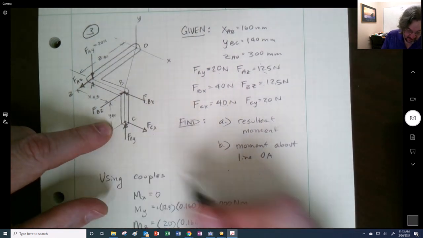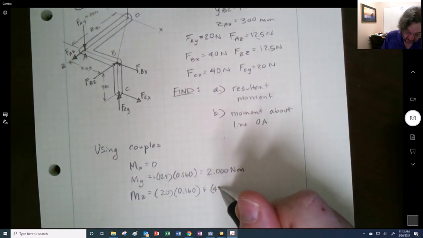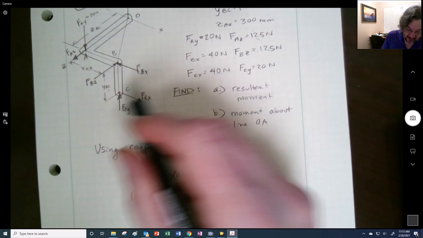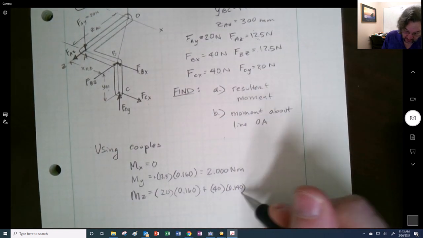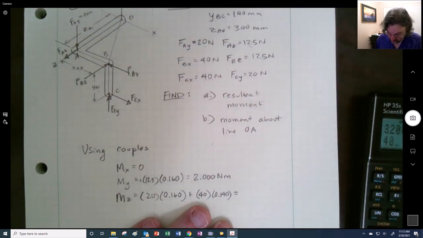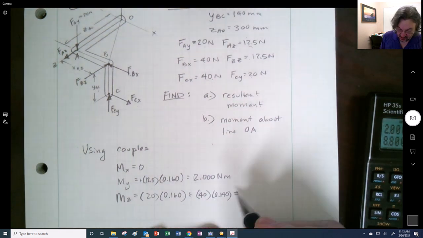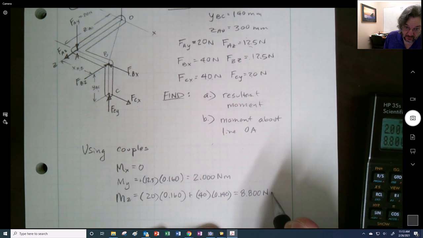And that too is going counterclockwise. Okay, so that's the 40, and it's going to be times this 0.14. And so that's going to be 40 and 0.14. I should be able to do that in my head too. I'm going to add those together, and we're going to get 8.8 Newton meters.